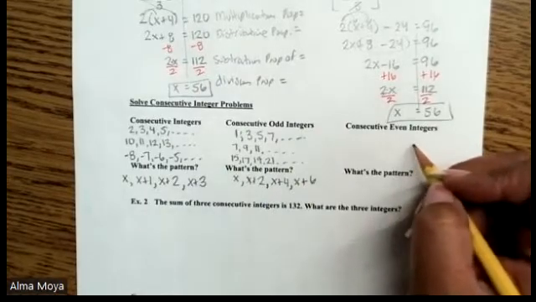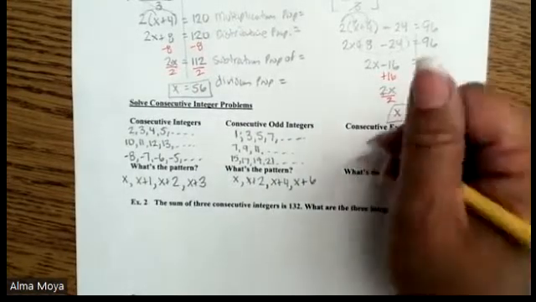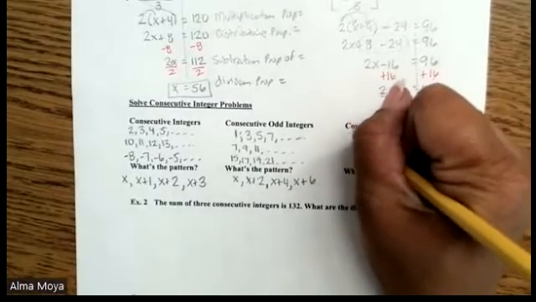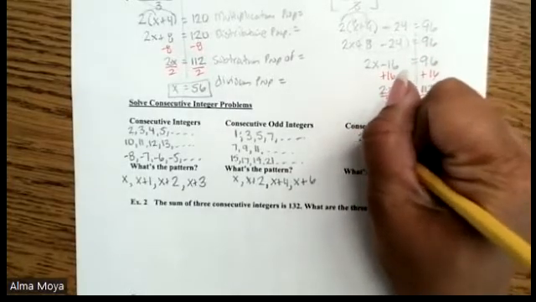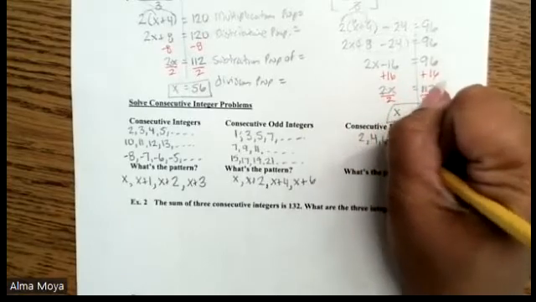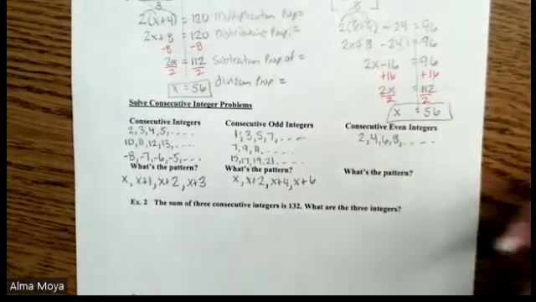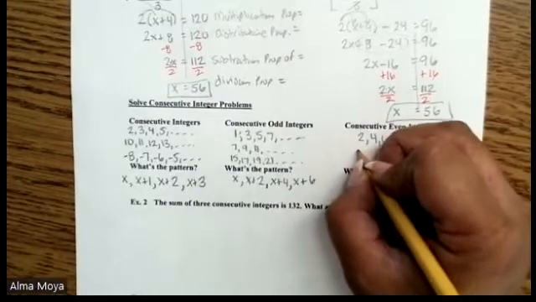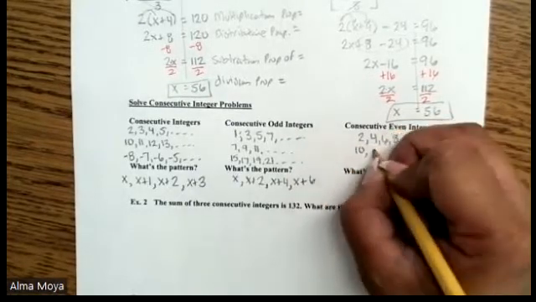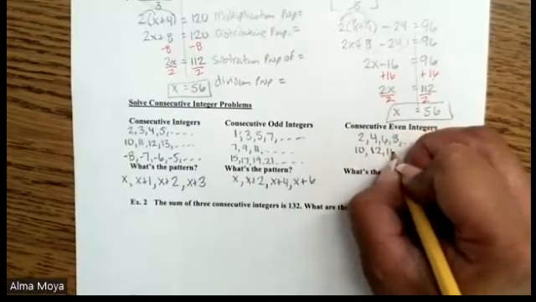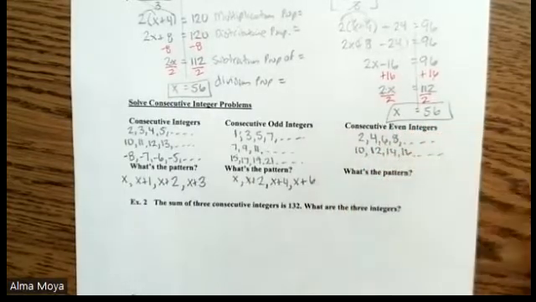Consecutive even numbers. So right here on the even numbers, let's start off with the first even number, which is 2. After that's going to be 4, 6, 8, and so on. If I start off with the even number, say 10, the next even number would be 12, 14, 16, and so on.